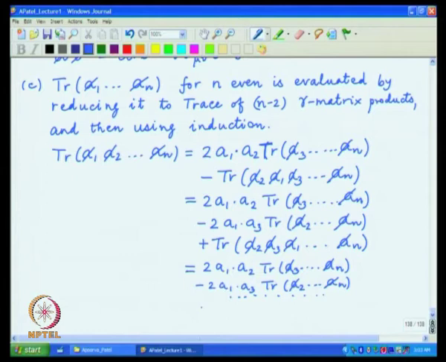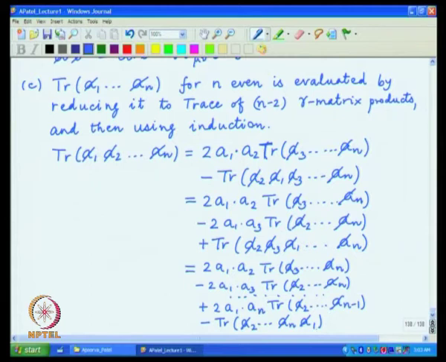So, plus 2 A1 dot A n trace of A2 slash all the way till A n minus 1 slash, and then the last object will have a minus sign trace A2 slash all the way till A n slash, and then A1 slash at the end.